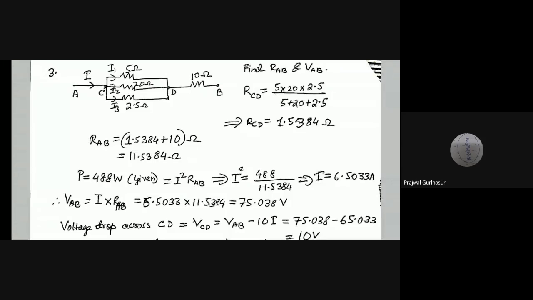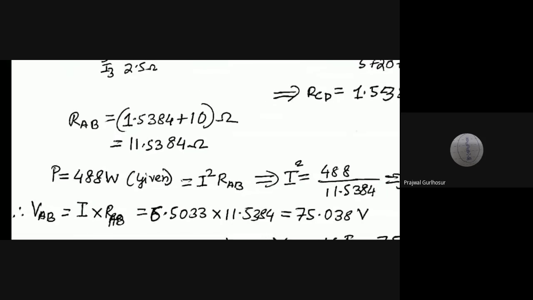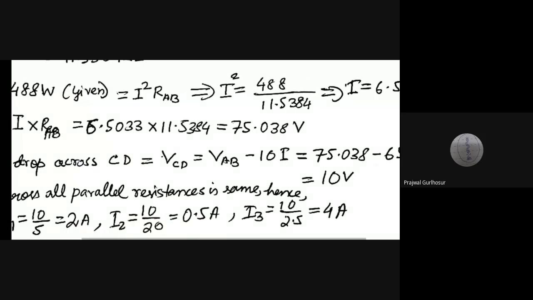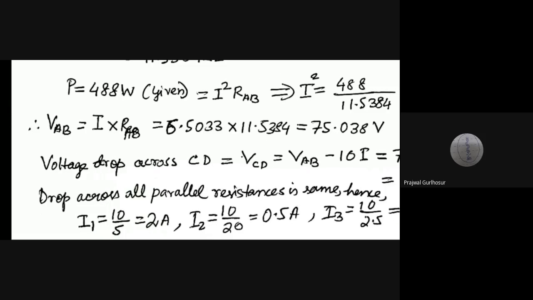So voltage V equals IR is applied across A to B. So VAB is equal to I multiplied by RAB, which is 6.5033 times 11.5384. We found that, and thus 75.038 is the value of VAB.